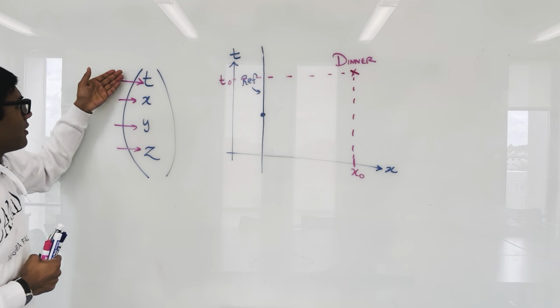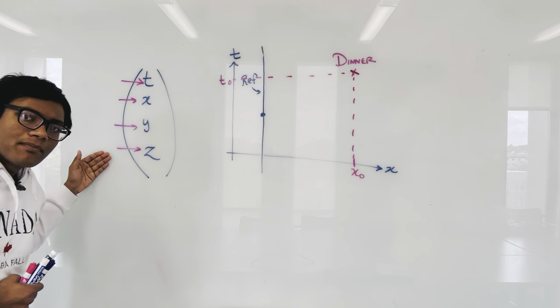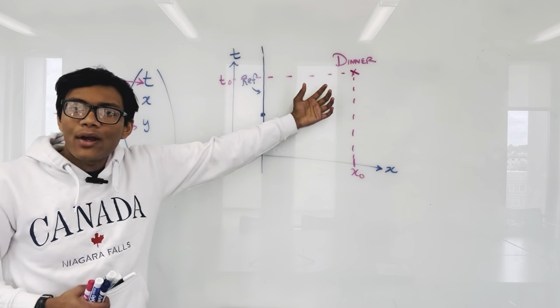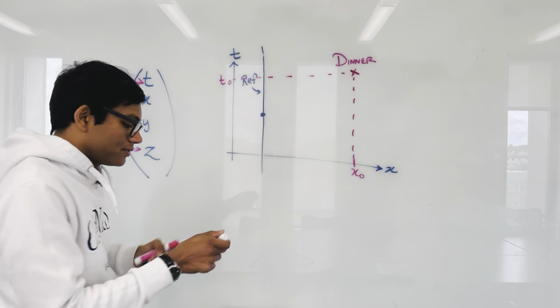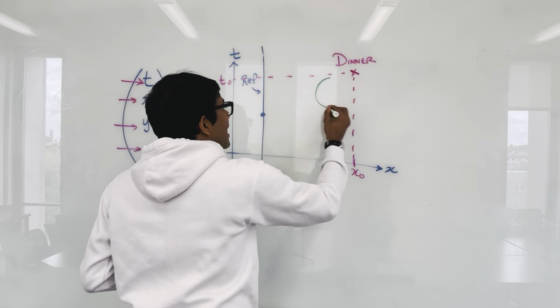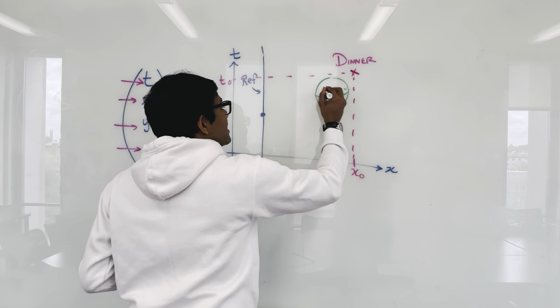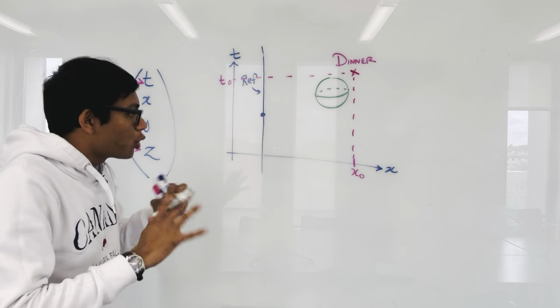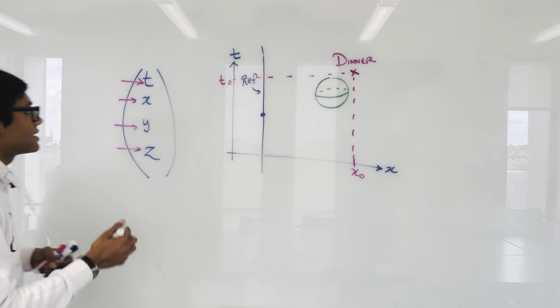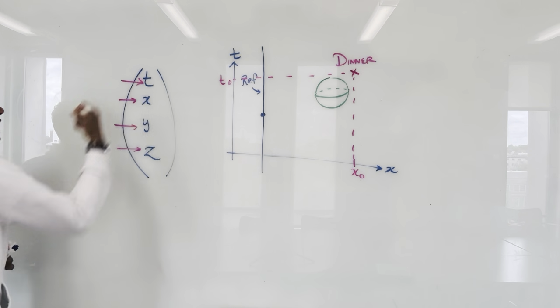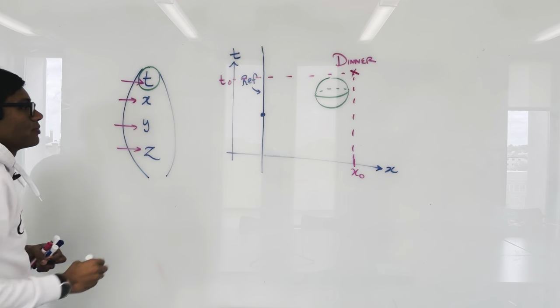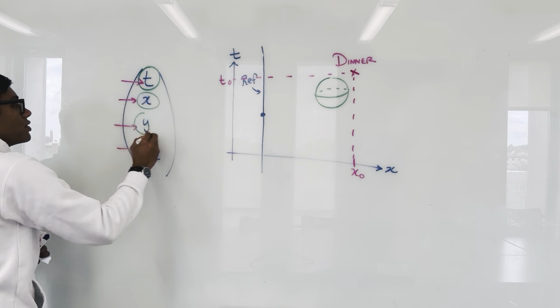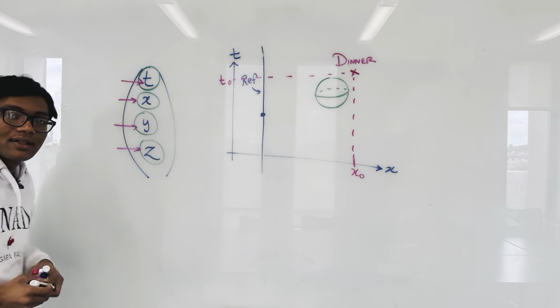So this is all sounding good, but what if there's a black hole near Chipotle? Well, this black hole near Chipotle is going to warp, it's going to twist our sense of space and time. The black hole is going to affect how clocks tick near Chipotle and how rulers measure length near the diner.